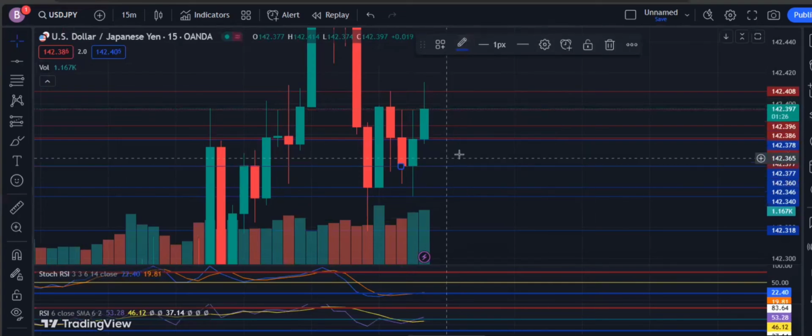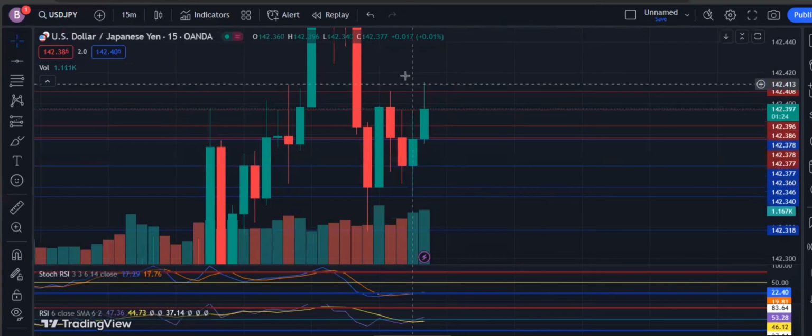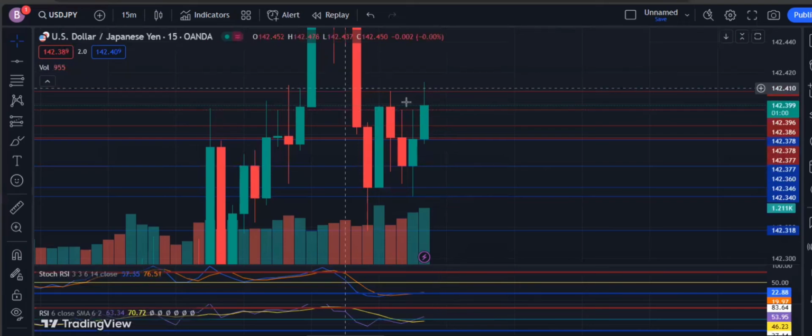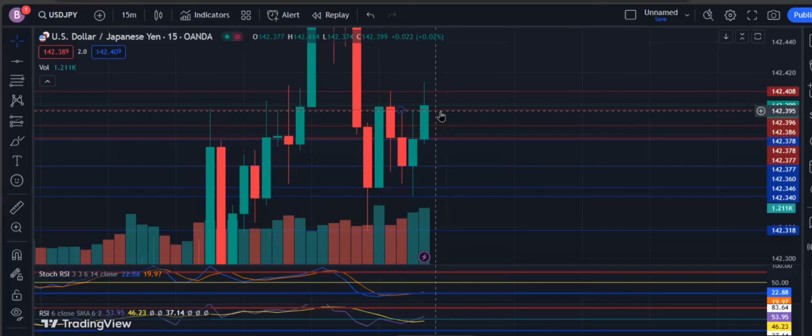Now, the reason why we don't use a similar color is to differentiate between our support on top-down analysis and our resistance on top-down analysis. It is very important you do that. So on top of the previous candle, the wick above, we already have it identified, maybe or probably by the 30-minute or 45-minute candle analysis.